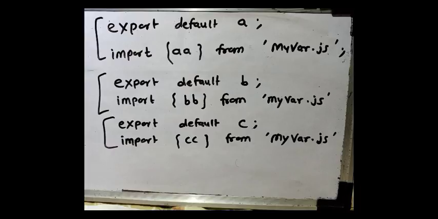In this case, you can give any alias name: A as AA, B as BB, C as CC. It is actually needed here, but I forgot to write A as AA, B as BB, C as CC. That should be there within the curly bracket.